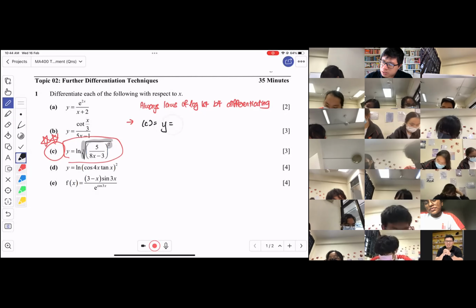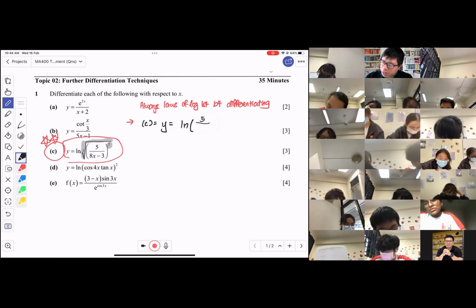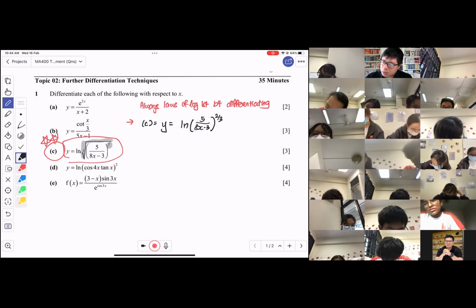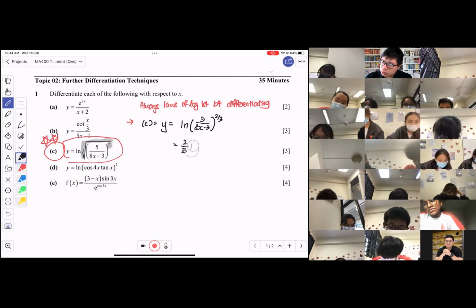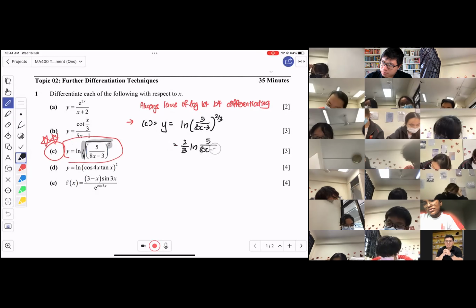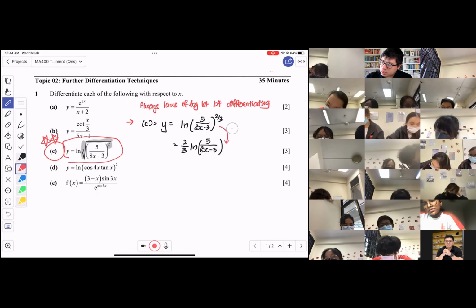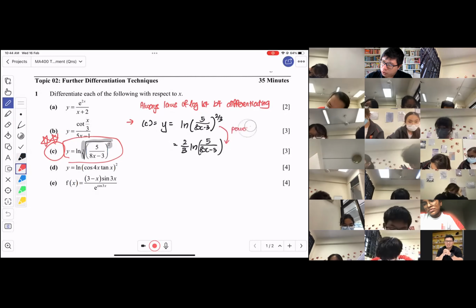It also can be considered as ln of (5 over 8x minus 3) to the power of 2 over 3, which is the same, by the power law, as 2/3 of ln of 5 over 8x minus 3. So from here to here, I'm using the power law of logarithm.